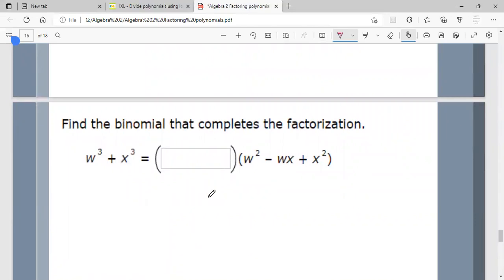I'm going to do this for you. So in order for this to be equal to all of that, I know I have to use w plus x. That's what I know I have to do.